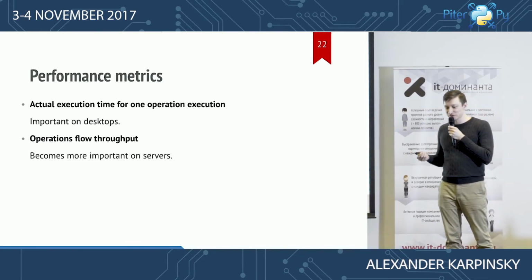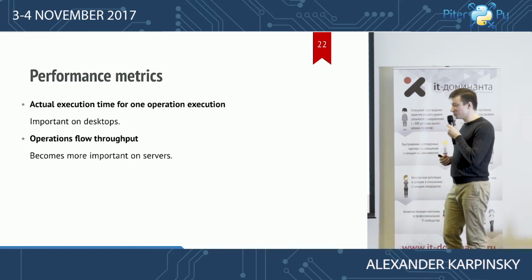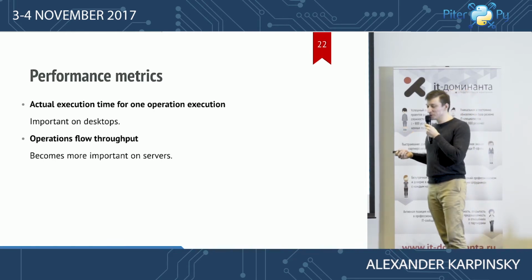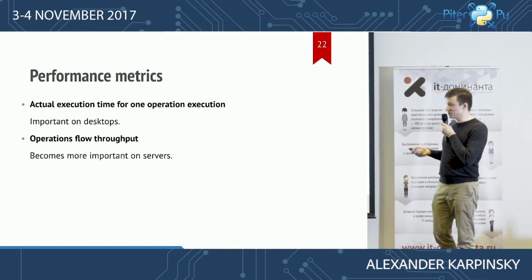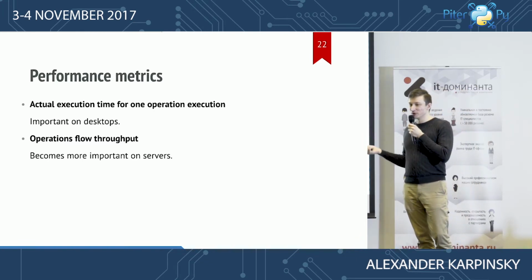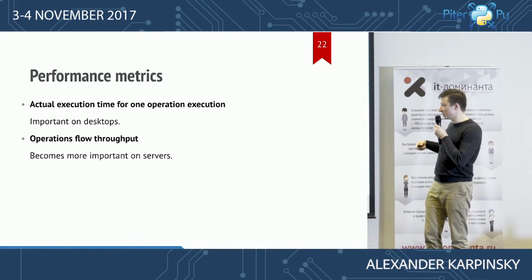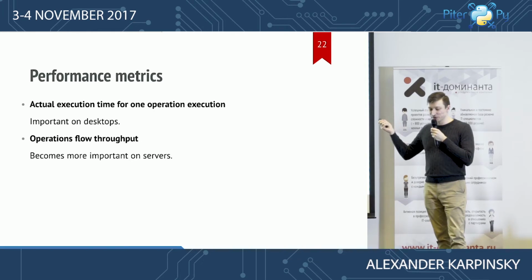I've been talking about performance and performance per kernel, and we are interested in two metrics of performance. It is the actual execution time for one operation and the throughput capacity of many operations within the framework of one system.